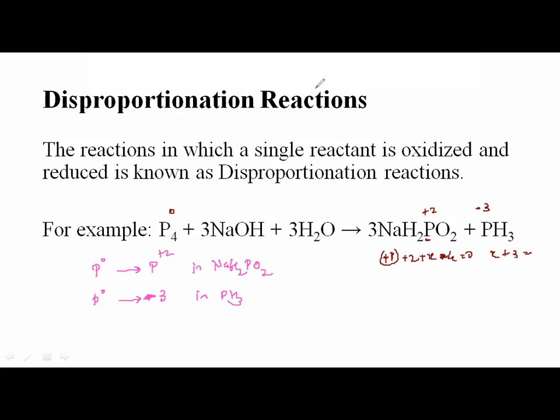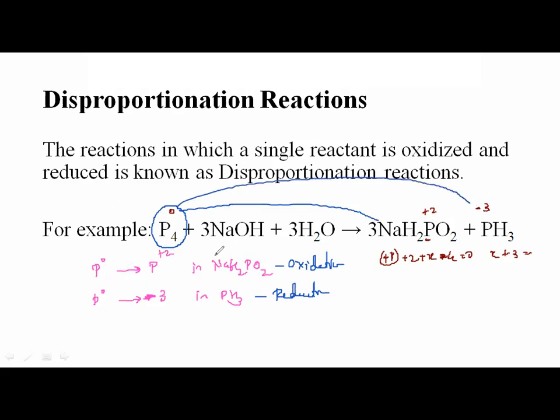This is oxidation. Decrease in oxidation number is reduction. So a single reactant is getting oxidized as well as reduced. Such reactions are called disproportionation reactions.